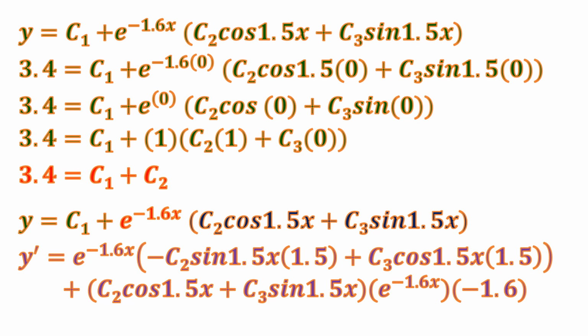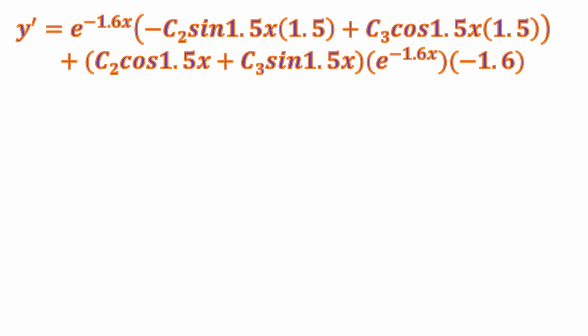So c sub 3 cosine 1.5x times 1.5. And then plus, vice versa: we copy the blue colored part, c sub 2 cosine 1.5x plus c sub 3 sine 1.5x, and then we take the derivative of e to the negative 1.6x. The derivative of that is also e to the negative 1.6x times the derivative of the exponent, which is negative 1.6.